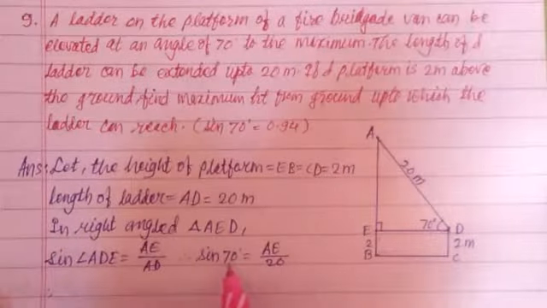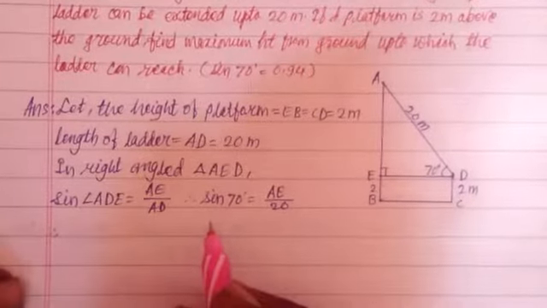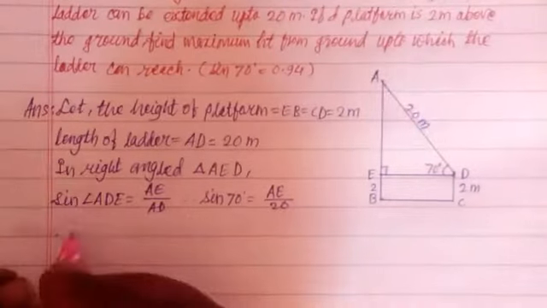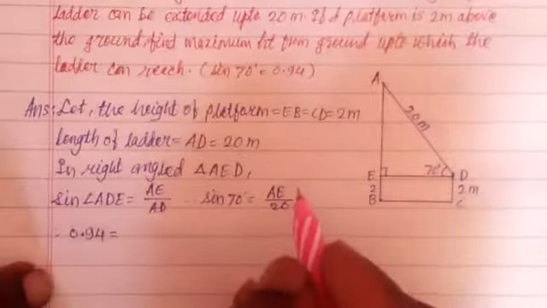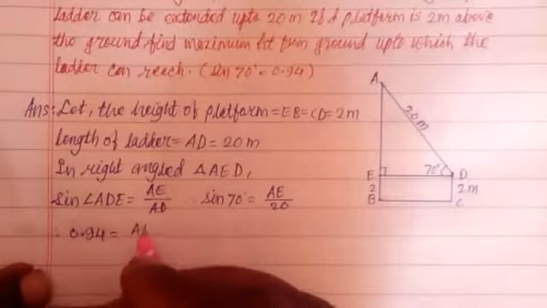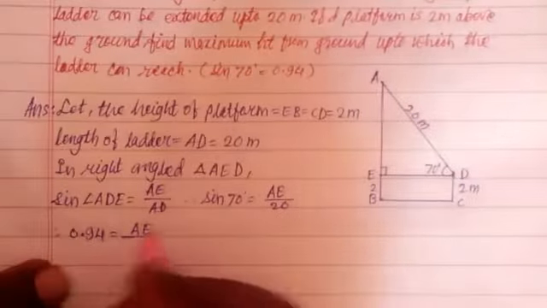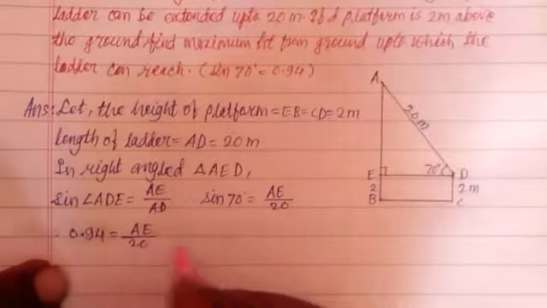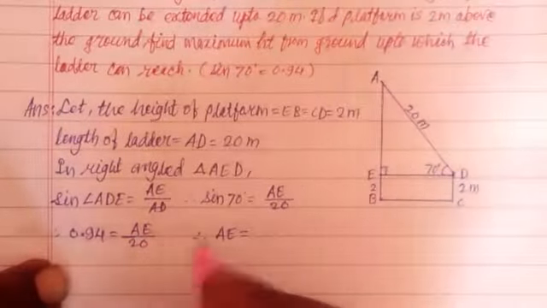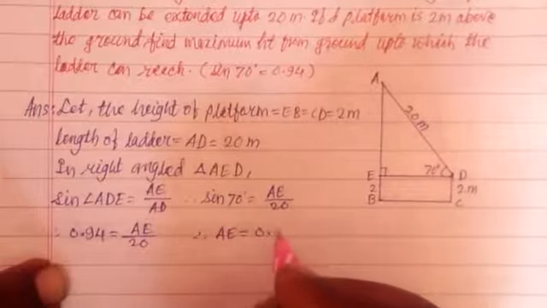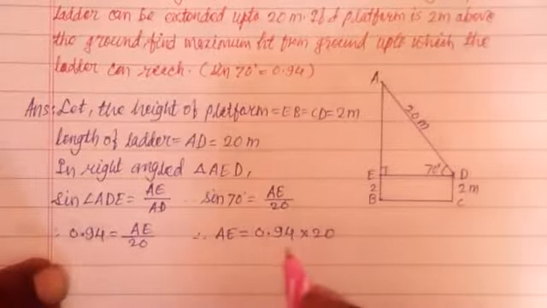Now putting values, sin 70 is given as 0.94, which is equal to AE upon 20, and hence AE is equal to 0.94 into 20.